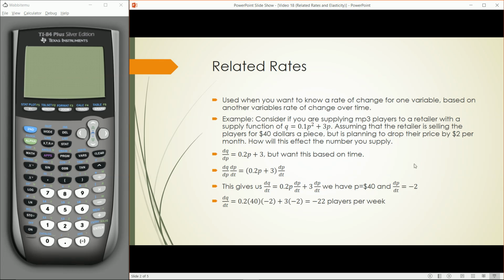And that would give us a rate of negative 22 players per month. Which means if they are dropping their price by $2 per month, we will be wanting to supply 22 players fewer per month.